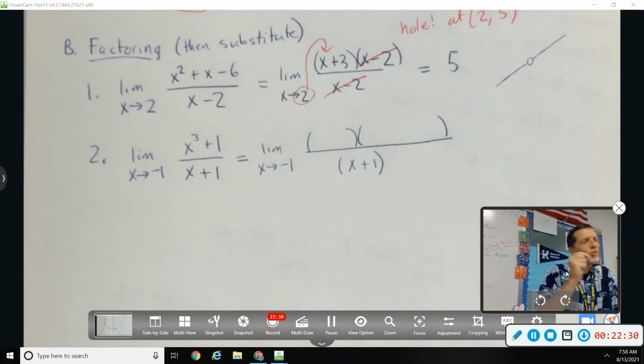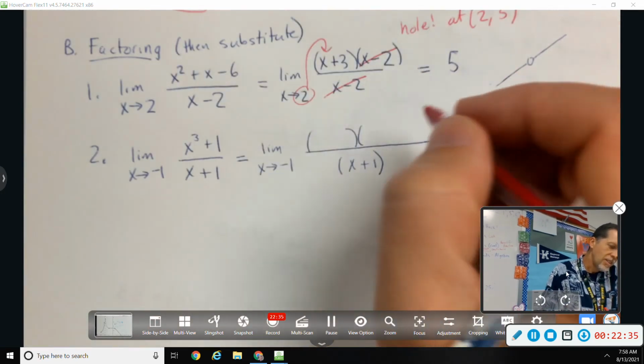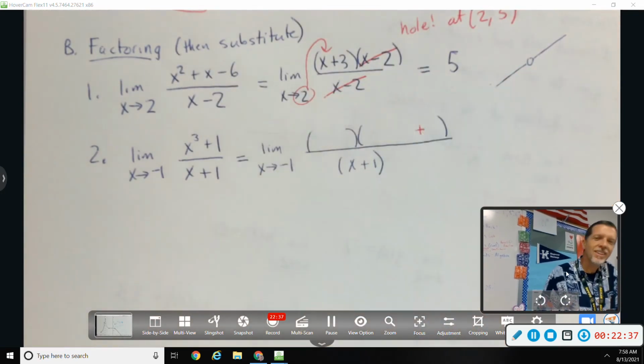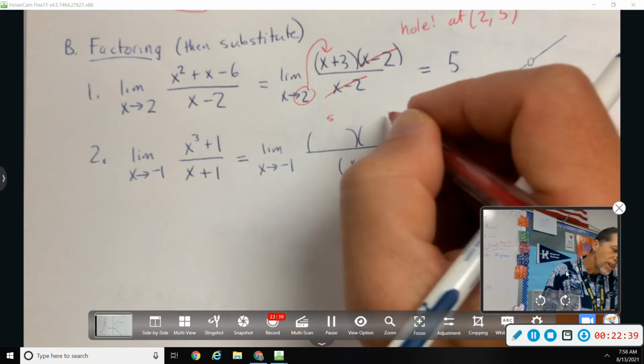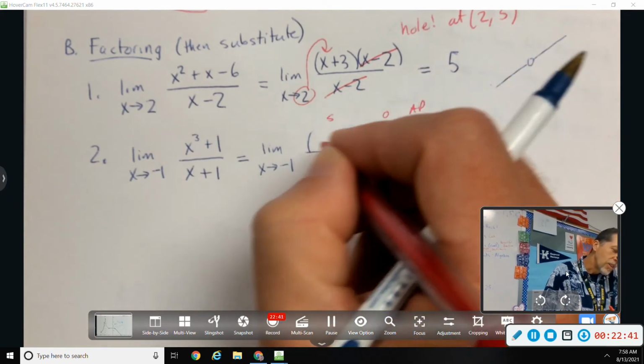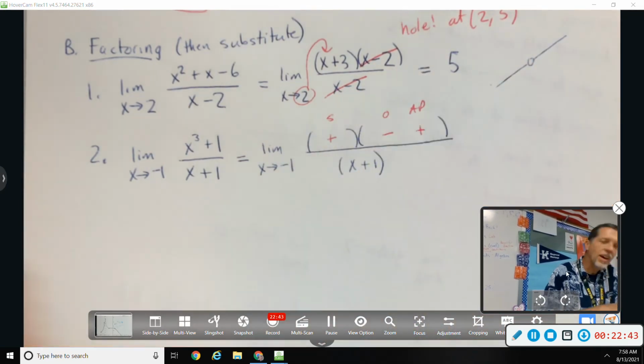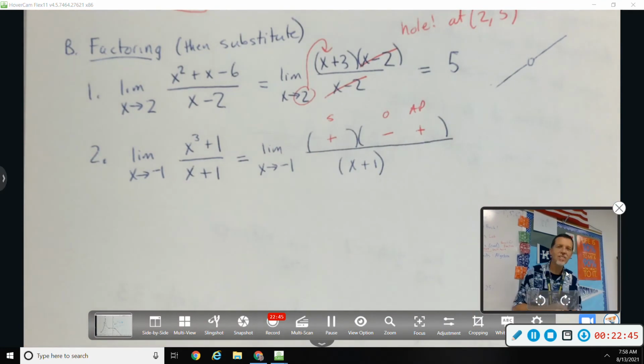Oh yeah, 2 terms and then 3 terms. Something about always positive there at the end. SOAP. So same sign, opposite sign, always positive. Yes.